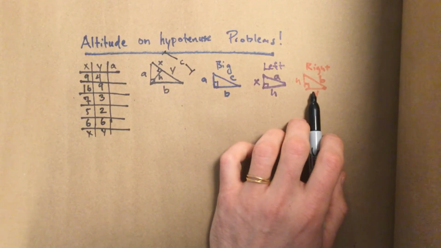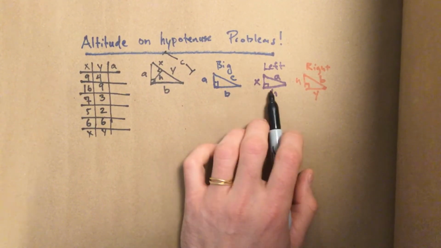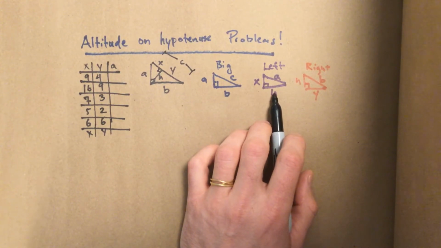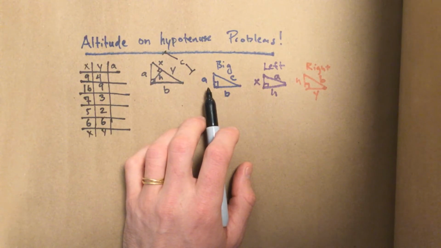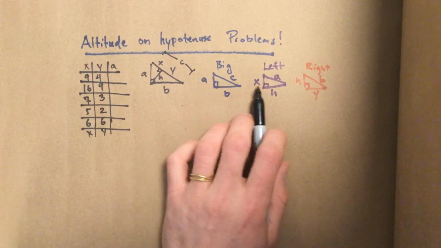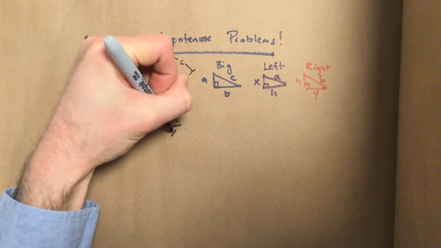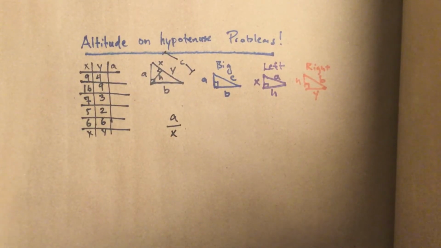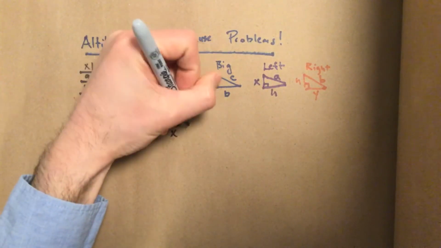I'm going to ignore my triangle on the right-hand side for now and just focus on the large triangle and the triangle on the left-hand side. So let's set up a ratio. I know that a to x is the same as c to a.